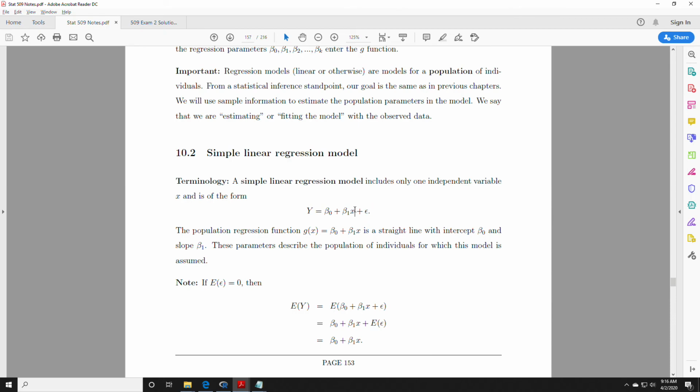That's what accounts for randomness, this random error term. Because of course, if you tell me somebody's weight, I cannot always perfectly tell you their height. But I think certainly if in general I assume that a heavier person is going to be taller, I'm going to be right more often than wrong, right? So there certainly is a relationship between a person's height and weight, although it's not going to be perfect. Okay, so just like I said, this is a line, and so these regression parameters can be thought of just like a line.